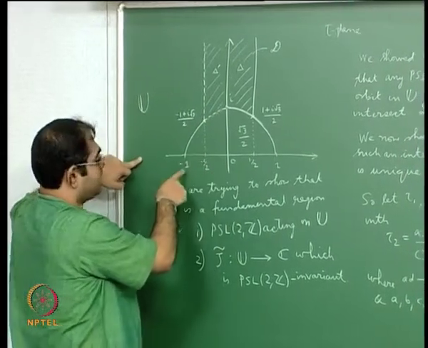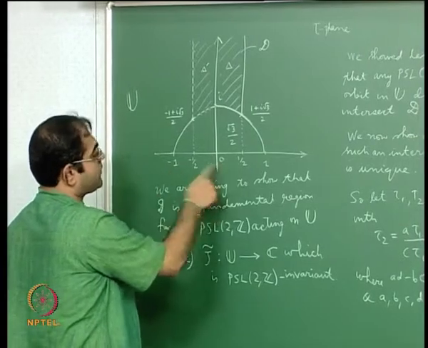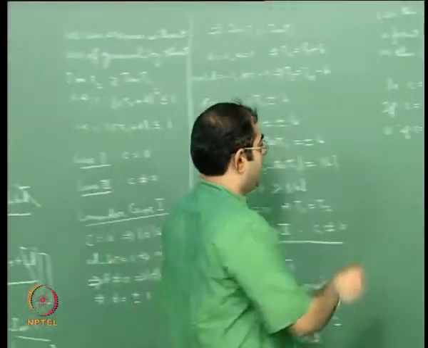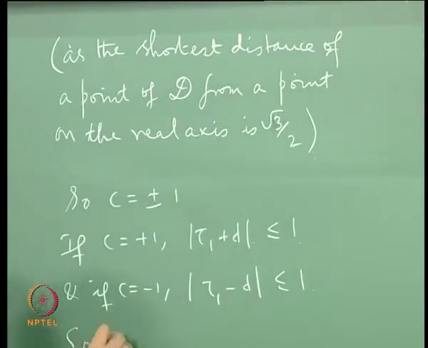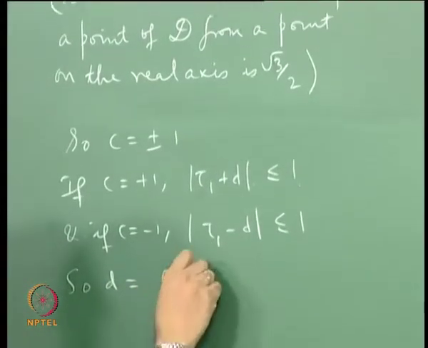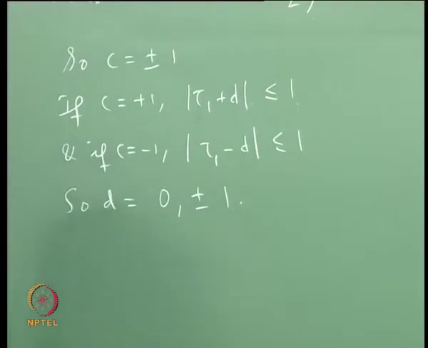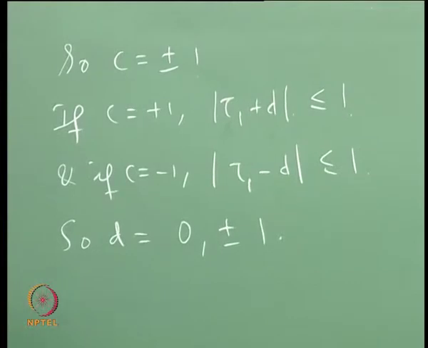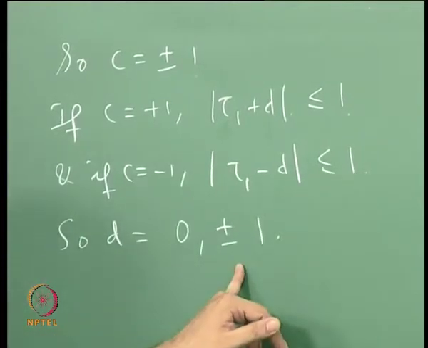Therefore the only possibilities are d equal to 0, plus 1 or minus 1. So d is only 0 or plus or minus 1, there are only three possibilities, and we will have to look at each of these cases.